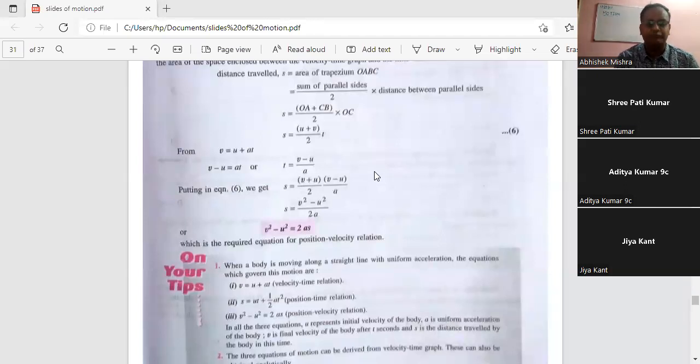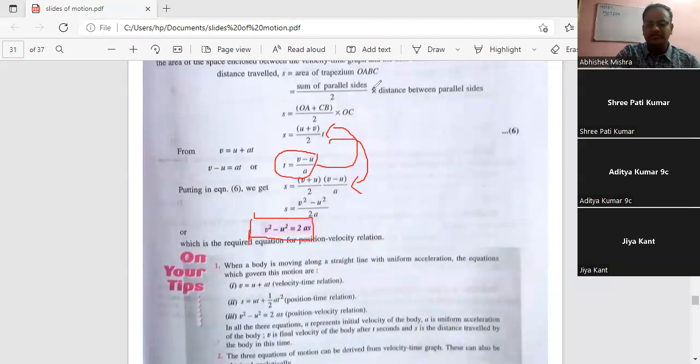So simply putting the value of T from the above equation, students, see, the value of T we are getting over there, and now this value of T we put in this equation. So we are finally getting this equation. And lastly we have the proof that V square minus U square is equal to 2AS.